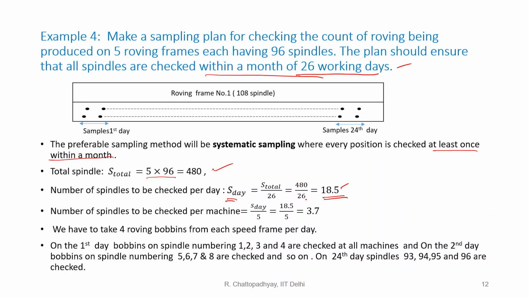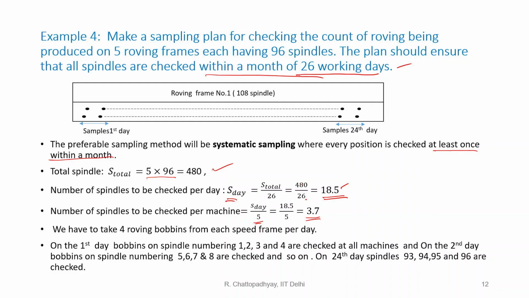So the number of spindles to be checked per machine, if we go by this, is 18.5 by 5, because there are 5 roving frames running. This figure comes to 3.7.